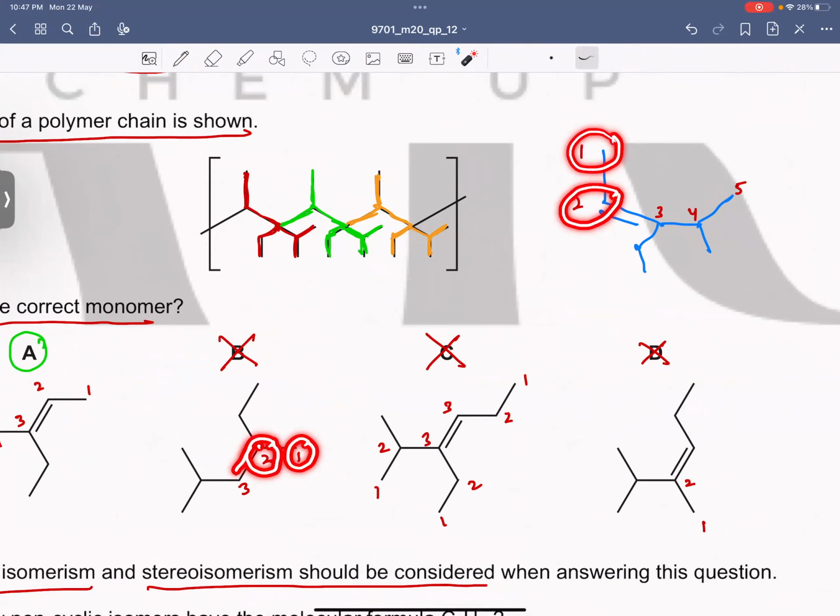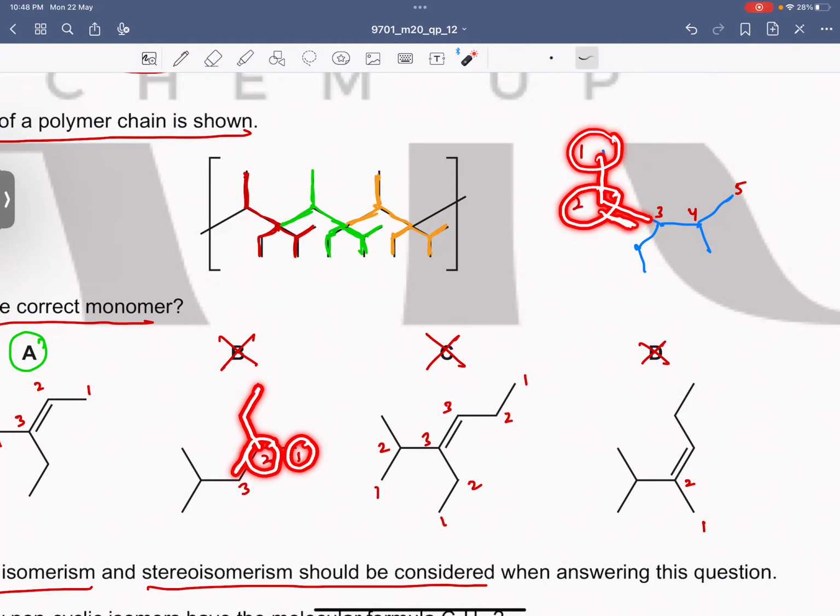Carbon 2 has a double bond as well as a branch. But in the monomer, carbon 2 has a double bond but there is no branch. So that's why I marked B wrong, because according to the monomer that I have drawn, I can clearly say that carbon number 2 must not have a branch.